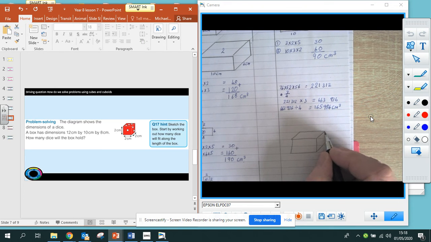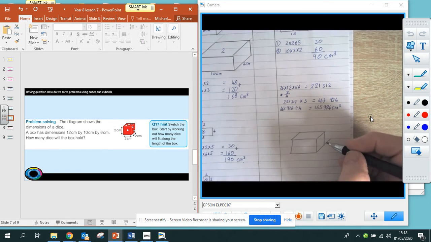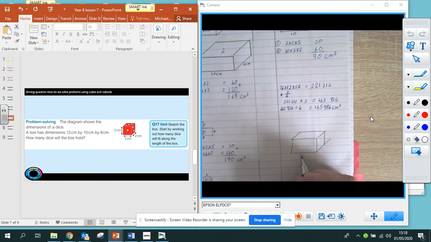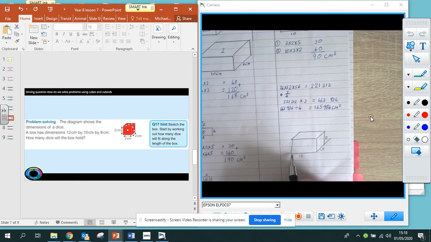I did say it was a very quick sketch of a box, and I've made a slight mistake, but it doesn't matter, it's just a sketch. So I've got 12 centimeters by 10 centimeters by 8 centimeters. I'm going to write those down. 12, 10, 8. How many dice can I fit along this side?